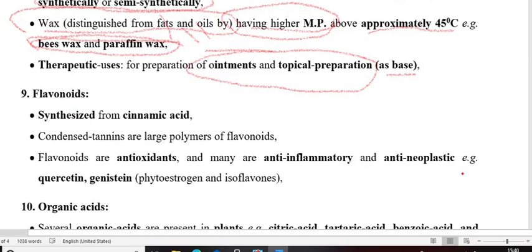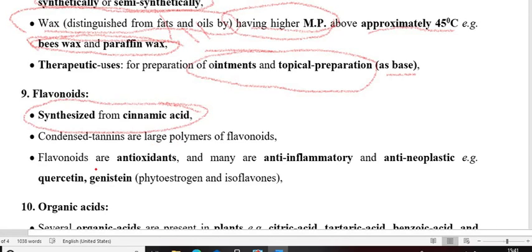Now we have to go through the flavonoid. Flavonoid is a very important component isolated from the plant, and nowadays we are also synthesizing it. This flavonoid is synthesized from cinnamic acid.